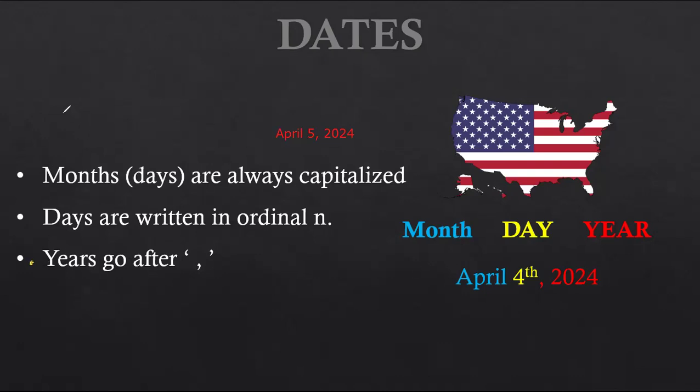So if I write a date, for example, February 14th, 2004, without the comma and without the th, it is wrong, but not because of the th. It is wrong because you don't have the comma over here. So please have it in mind.